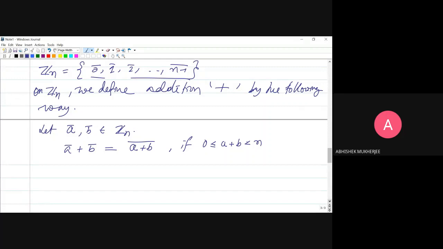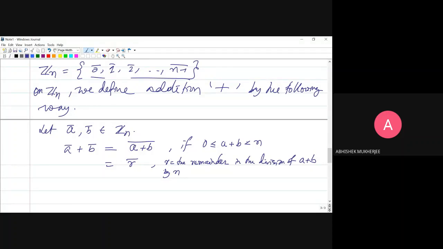That is, it is r class, where r is the remainder in the division of a plus b by n.